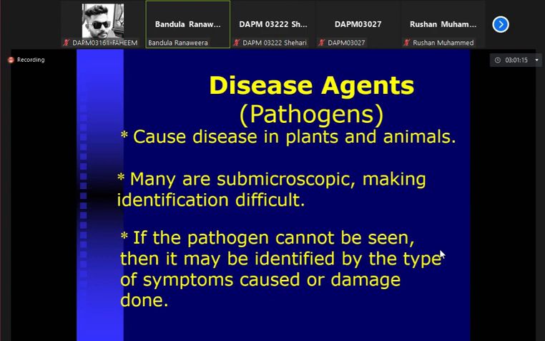Those farmers say we can manage insects by many methods. We can manage diseases, but how can we manage the purposely sent cattle, stray cattle, to our fields? So that is something pathetic.